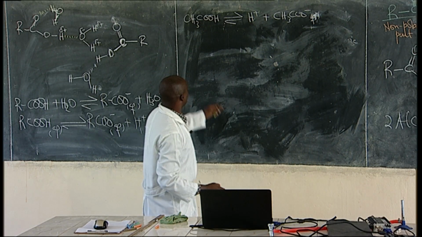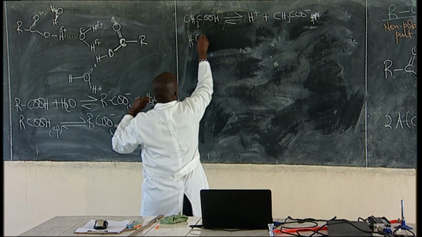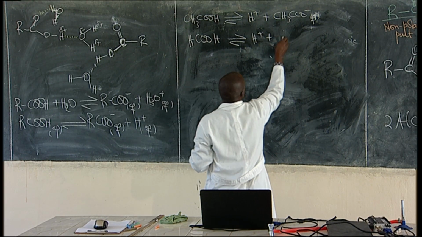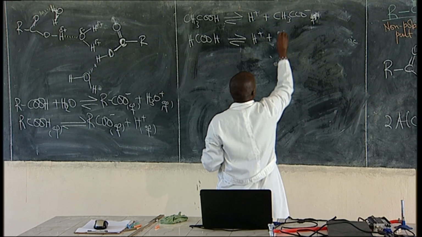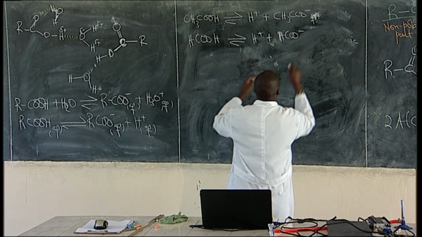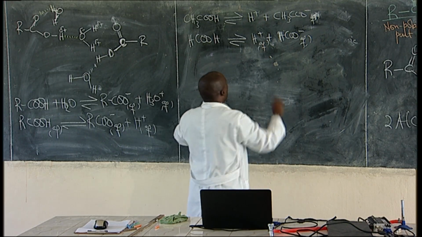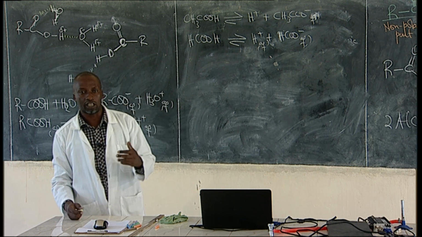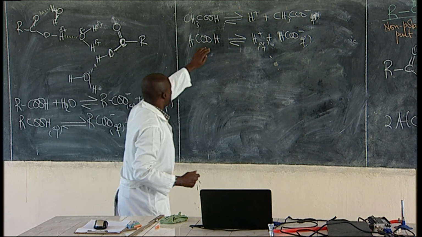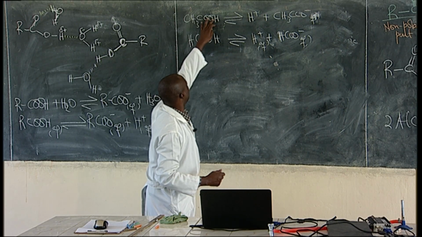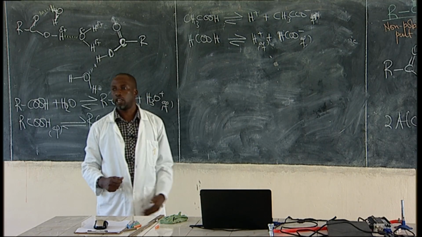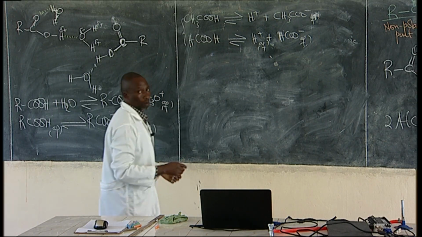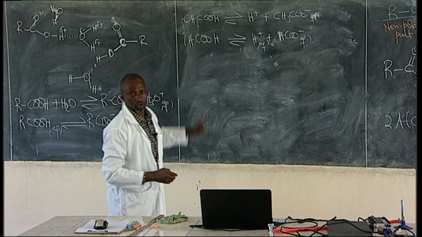Assuming we have methanoic acid also ionizing to form methanoate ions, which of these may release more hydrogen ions? When we're talking about acidity, we refer to the extent to which this bond will break to release the hydrogen ions.